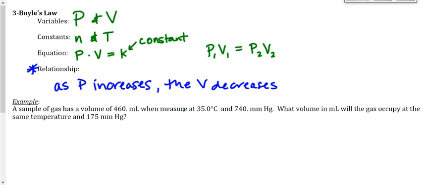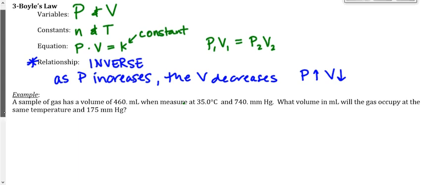So sometimes a shorthand way of writing this would be pressure increases, so I'm going to draw an up arrow. Volume decreases, so I'm going to draw a down arrow. So when they are opposites like this, we call this an inverse relationship. And you may have used this term or seen this in math class. So inverse, opposites.